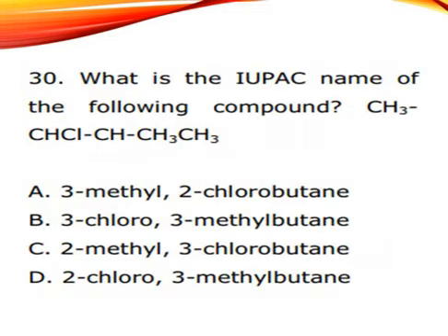Next is question 30, which says, what is the IUPAC name of the following compound? We have CH3, CHCl, CH3, CH3. So actually, for you to name this compound better, it would be good if you could sketch it out in a spread out format. So I'll do that quickly.